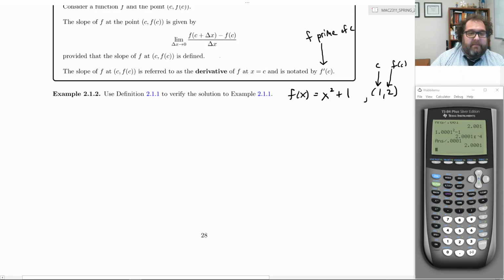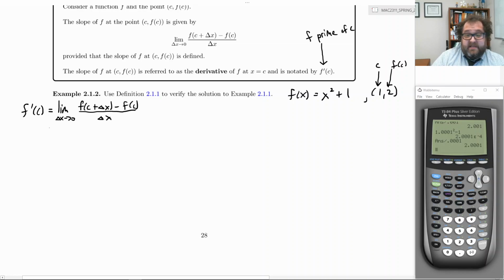So the limit is listed here. I'll write it out again. f prime of c is equal to the limit as delta x goes to 0 of, this is called the difference quotient, f of c plus delta x minus f of c, over delta x.